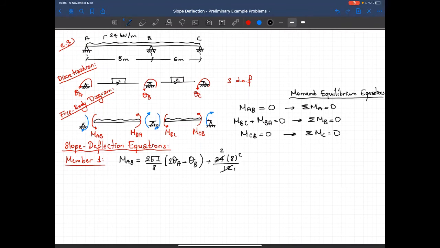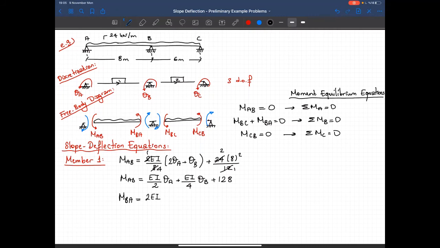This is 1, this is 2, this is 1, this is 4. So my equation of MAB is equal to EI over 2 times theta A plus EI over 4 theta B plus 128.